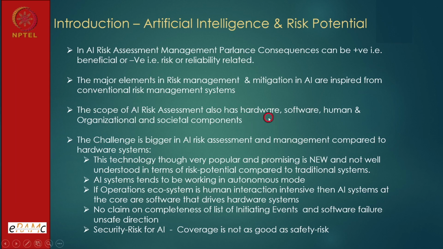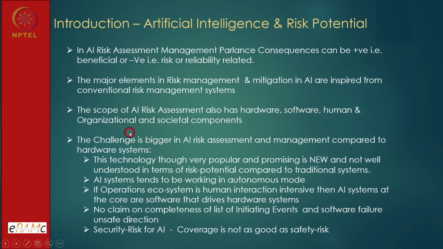Now, why I am talking about software is that it is a core part of even AI. So the complexity of software, complex software handling AI or developing AI, you can imagine. So this is one thing, and then human. At the outset we say that human is difficult to model. So human and software, these two make work on AI risk assessment and modeling a little challenging.